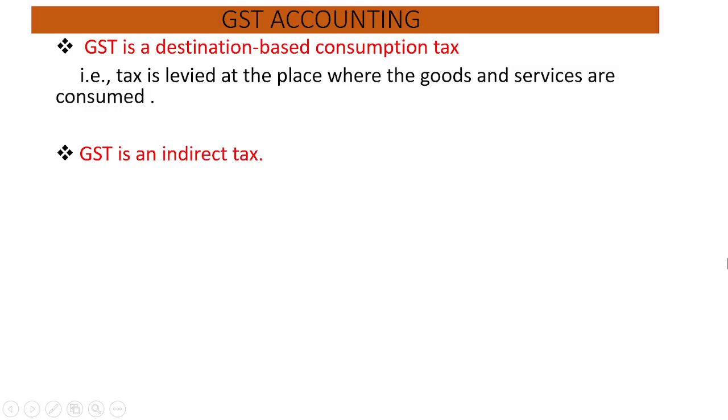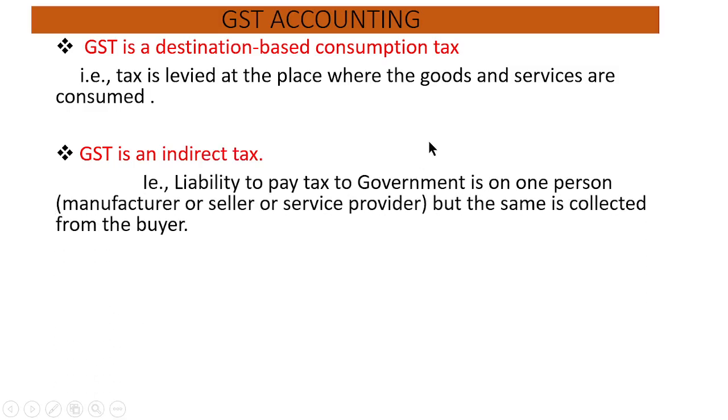As I already told, GST is a destination based consumption tax. So if I purchase something, I should pay tax, but here I am paying GST to the seller of the goods. The seller will pay the tax collected from me to the government. So even if I am paying tax, the liability to pay tax to government is with the seller.